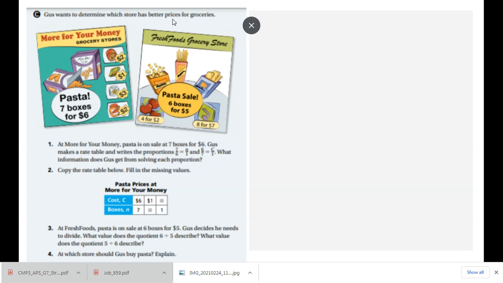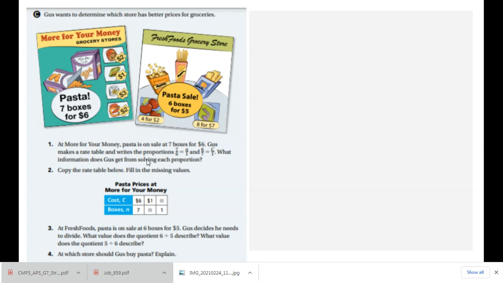Gus wants to determine which store has a better price for groceries. So, what information does Gus get from solving these proportions? At More for Your Money, pasta is 7 boxes for $6. Gus makes a unit rate table and writes the proportion 7/6 equals N over 1 and 6/7 equals C over 1.